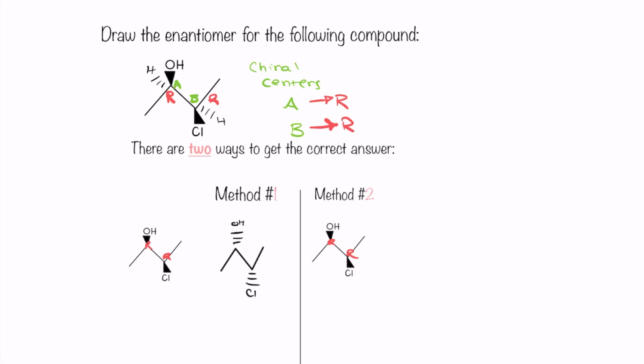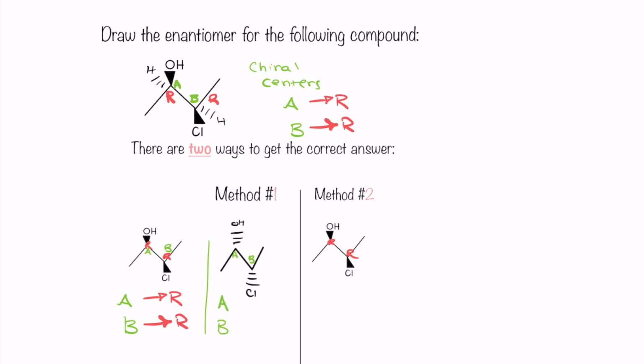And if you don't believe me, go ahead and try to calculate the configuration for both of these chiral centers, A and B. So remember we said that we know that both these chiral centers, A and B, are RR. Therefore, these chiral centers over here must be SS. So let's go ahead and letter those accordingly.